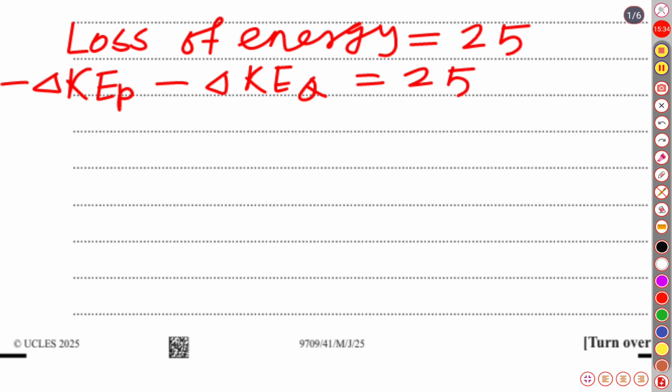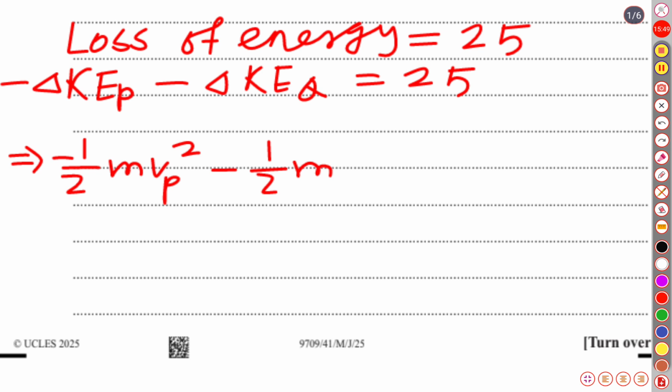Now you know the formula of change in kinetic energy is half mv square of particle P minus half of mass into v square, where this is actually the difference between the initial and final velocity, equal to 25.